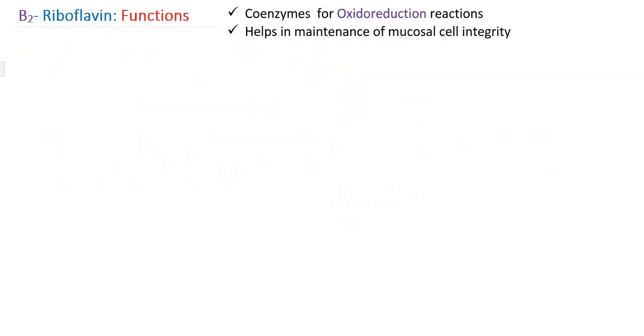So we'll move on to functions of riboflavin. As I mentioned earlier, the two active forms are FMN and FAD. The feature of these two coenzymes is that they can accept two hydrogen atoms, and they can donate them to another compound. So they can reversibly accept two hydrogen atoms.